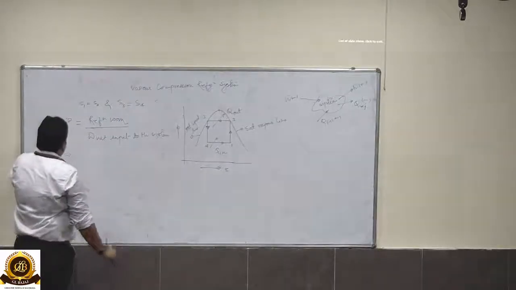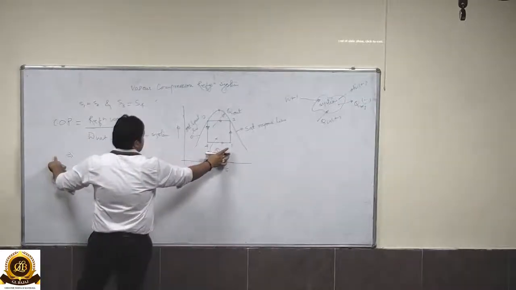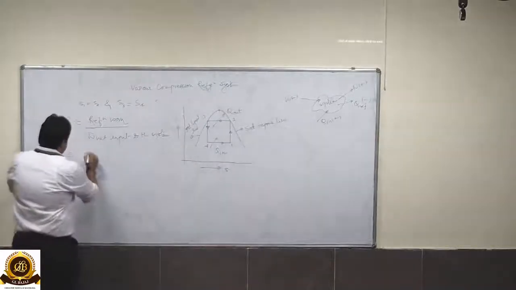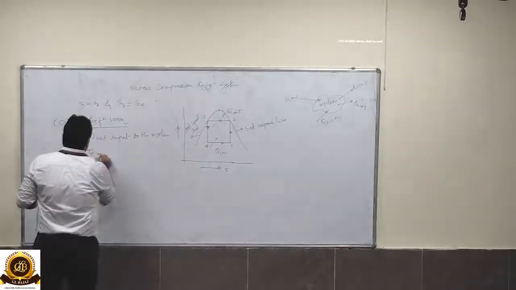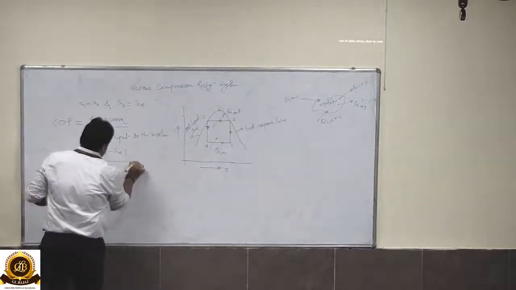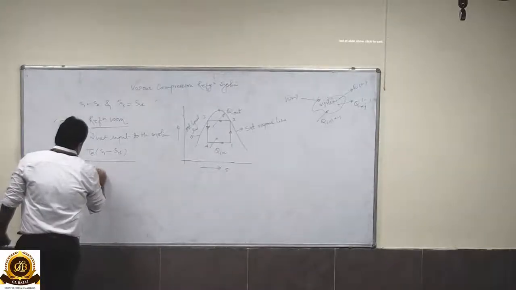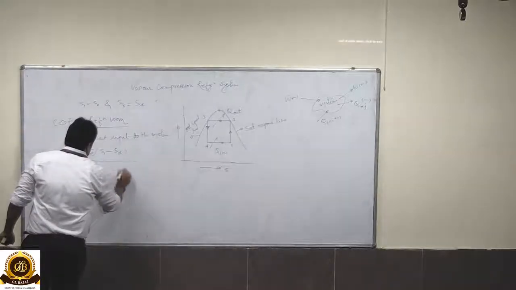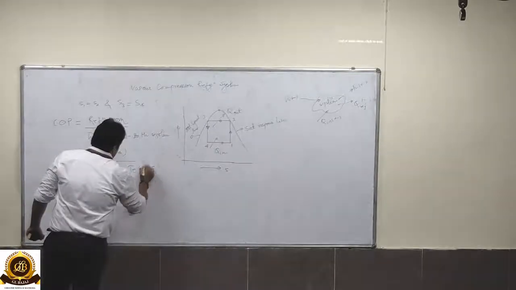If we write the formula, the refrigeration effect is obviously in the evaporator part, that is TE times S1 minus S4, divided by TC times S2 minus S3 minus TE times S1 minus S4.